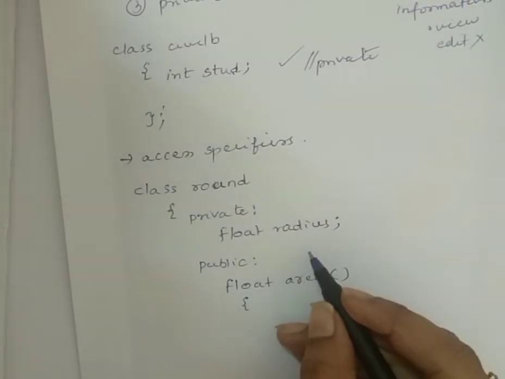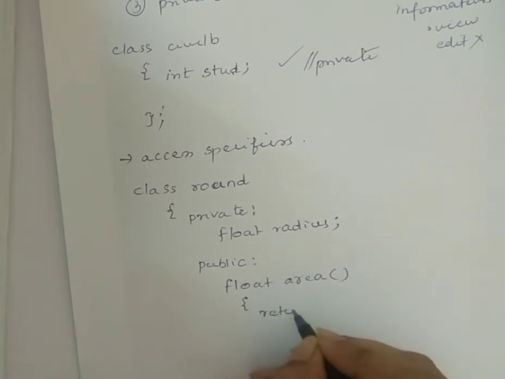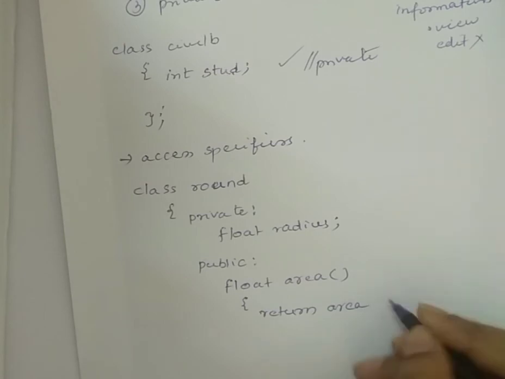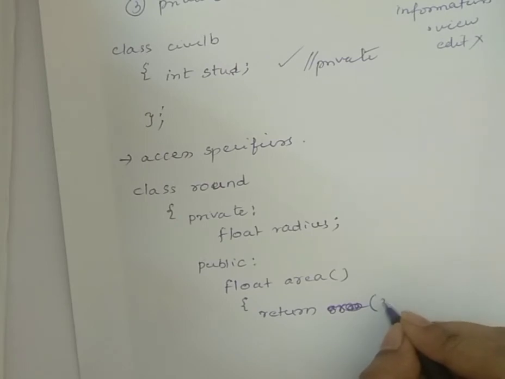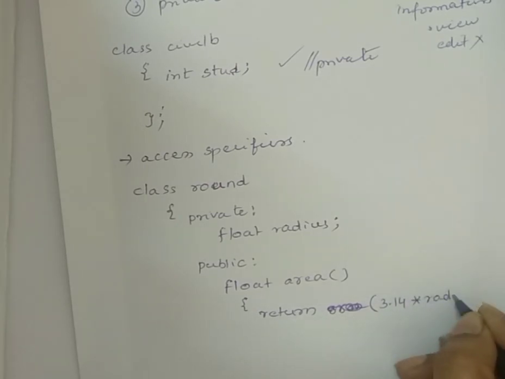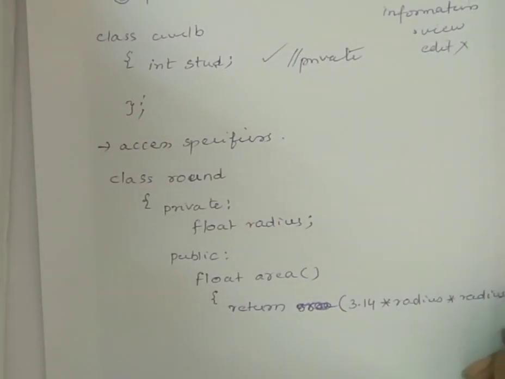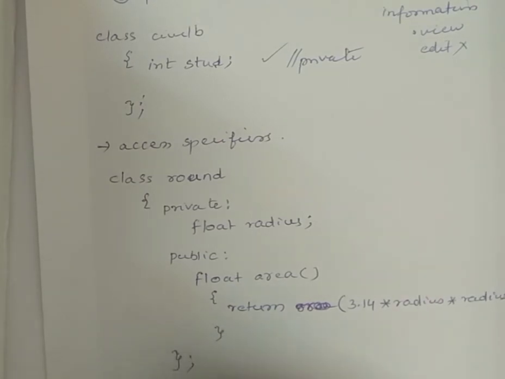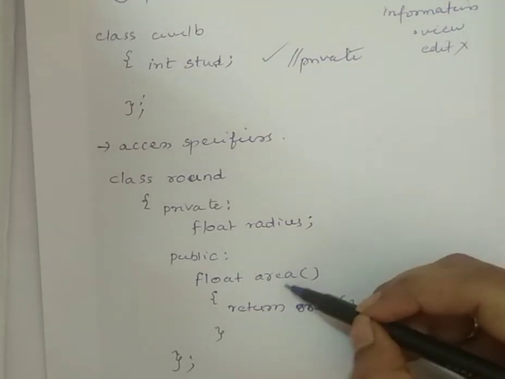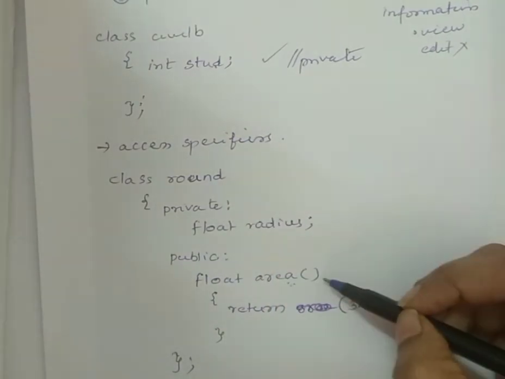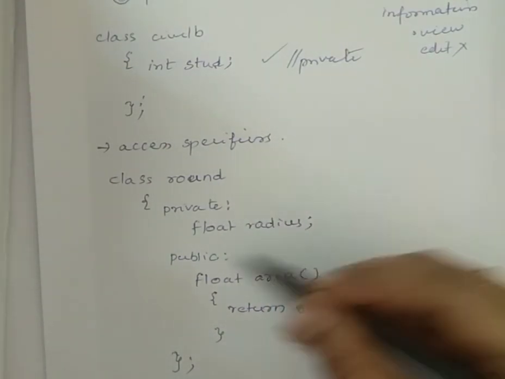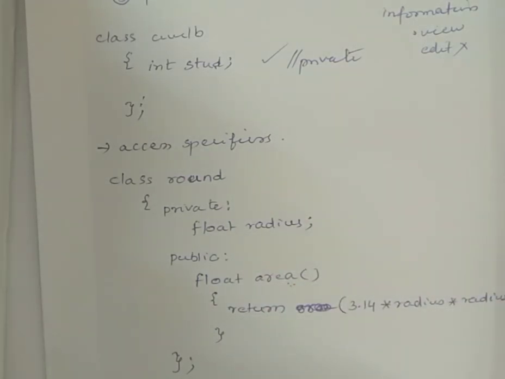I need the area of that circle, so I am writing return, inside the brackets, 3.14 into radius into radius. See, now I have made this function public, and inside the class I can incorporate functions also, which is not possible in the case of a structure.